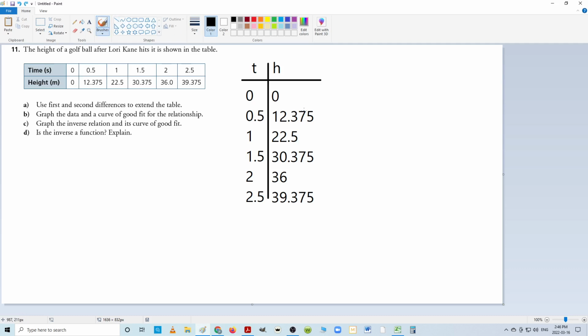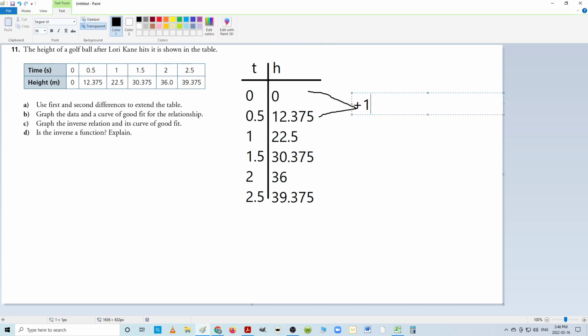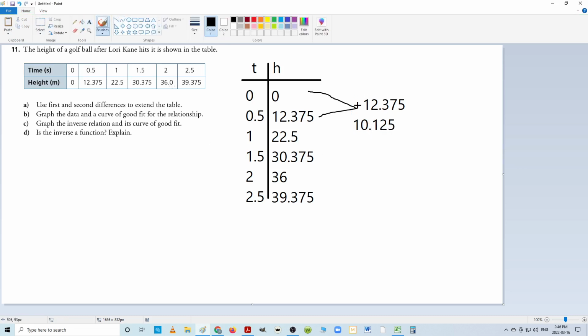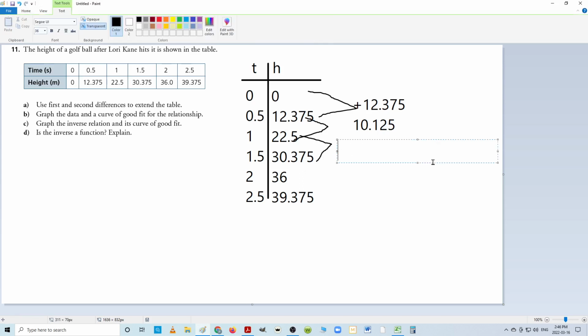So what we're going to do is find first differences. How much did that go up? It went up plus 12.375. How much did the next one go up? It only went up 10.125. How much did the next one go up? It looks like it's going up less. So we can see sort of a gravity taking place. The subtractions get harder, which is why I suggested doing one every one instead.